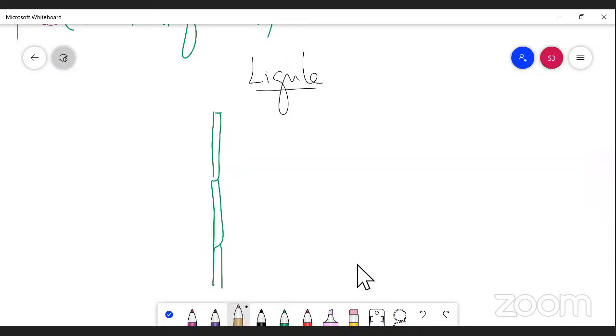Here you find a small leaf-like structure that is called a ligule. If ligules are present, it is said to be ligulate. Ligulate indicates the presence of ligule.